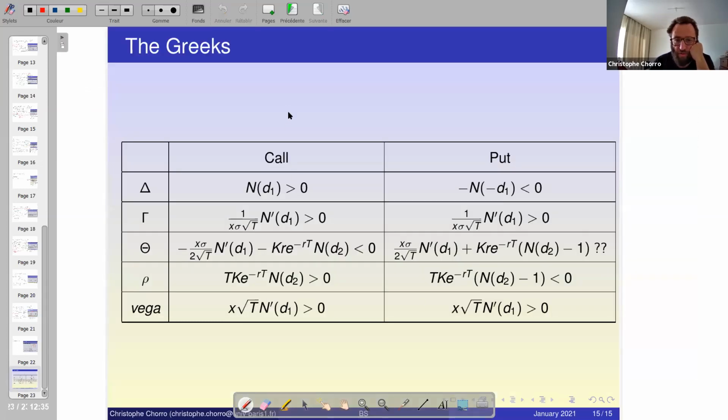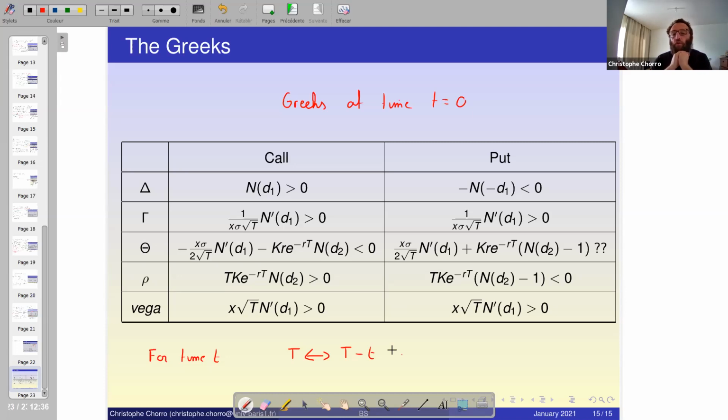In the case of the Black-Scholes model for call and put options, here you have the Greeks at time t equal to 0. I have given you the formula for the Greeks in the Black-Scholes model at time t equal to 0. For time t, you just have to change capital T into capital T minus t, using the Markov property and the homogeneity of the Black-Scholes equation.